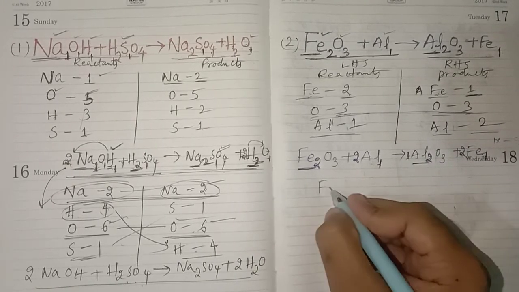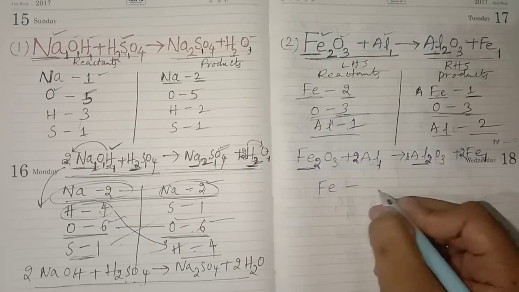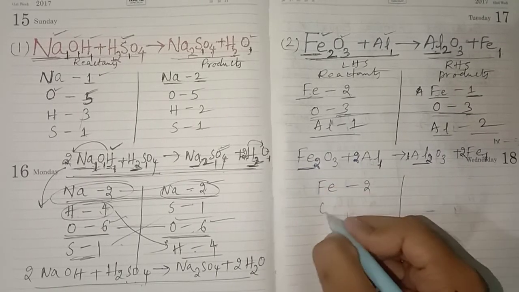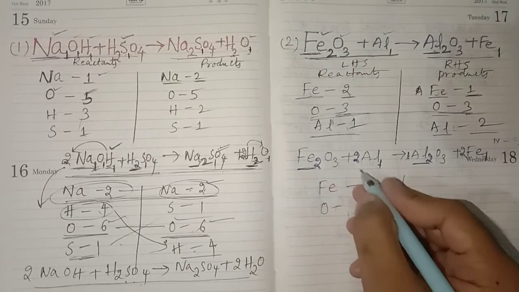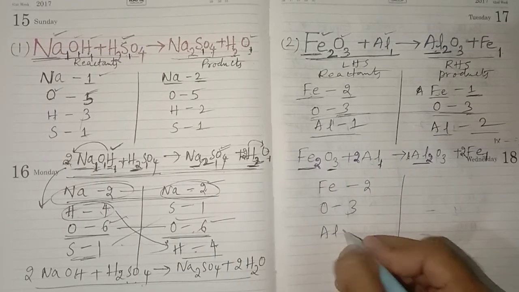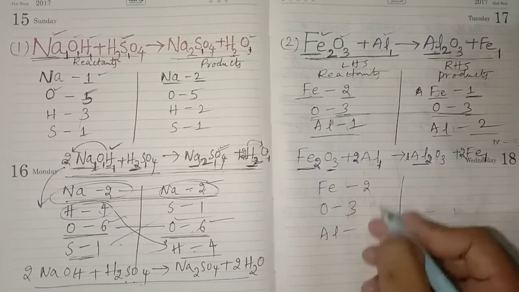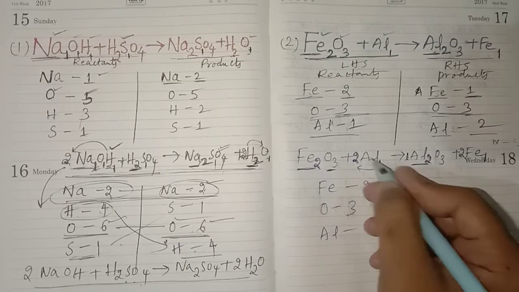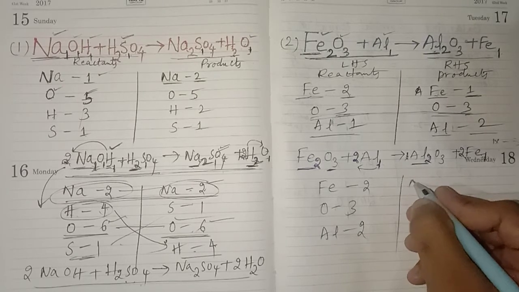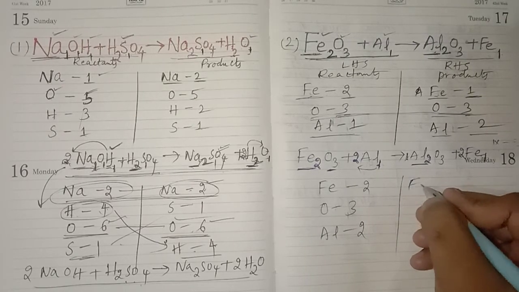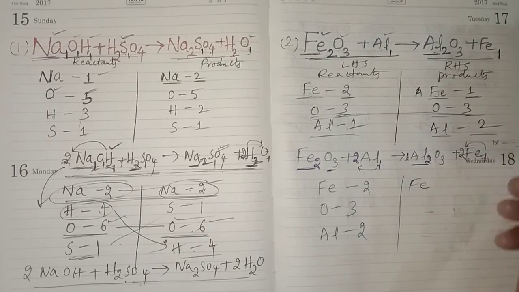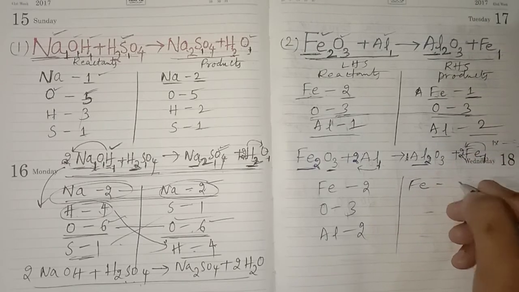Once you check the number of atoms, Fe, how many atoms are there? 2. Then oxygen, how many atoms of oxygen are there? 3. Then aluminium, multiply the number of atoms by the coefficient, you will get 2. Or else you can take Fe, 1 into the coefficient 2 becomes 2.